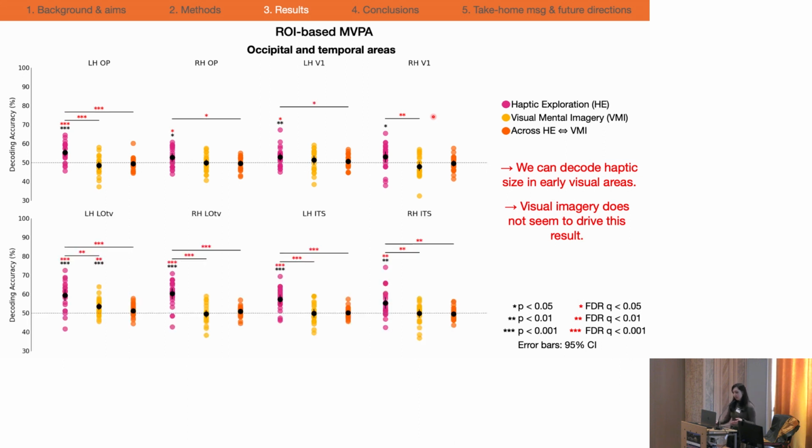A similar pattern of results can also be found in the lateral occipital and inferior temporal areas, with the only exception that left LOTV, as you can see, also showed significant decoding of size during visual mental imagery.